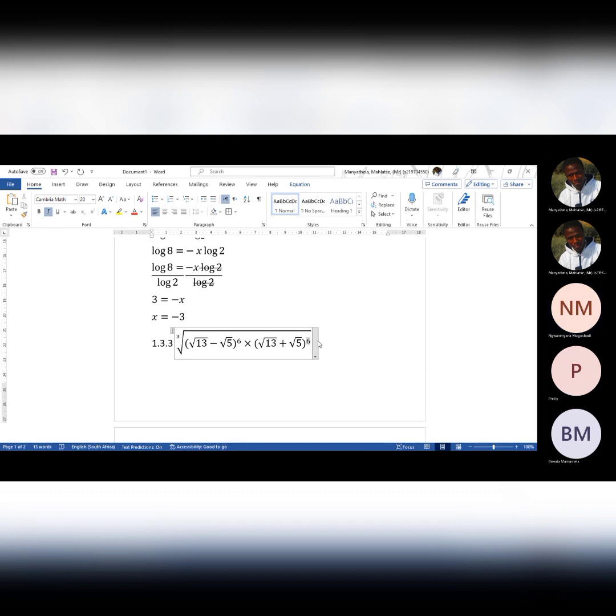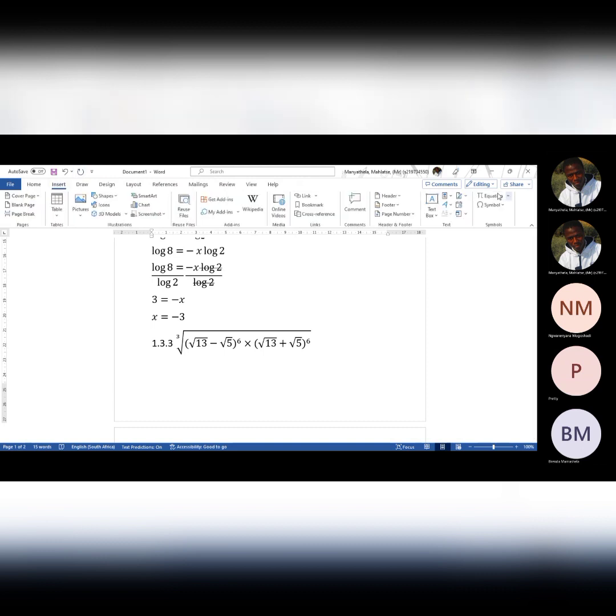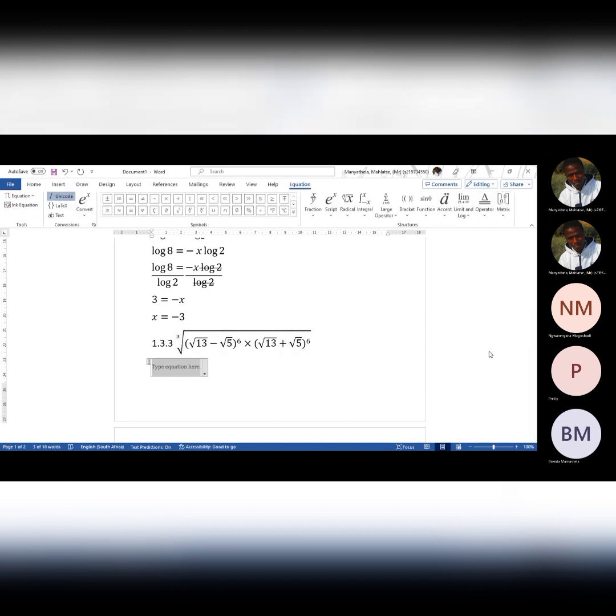Yeah, this is the equation. Okay, the first step here is to remove the cube root.